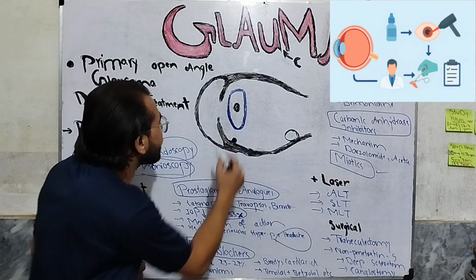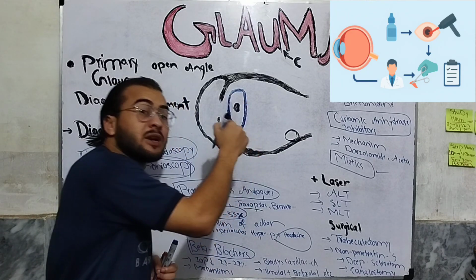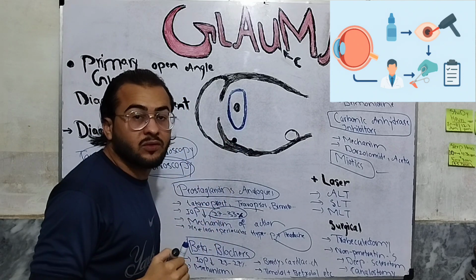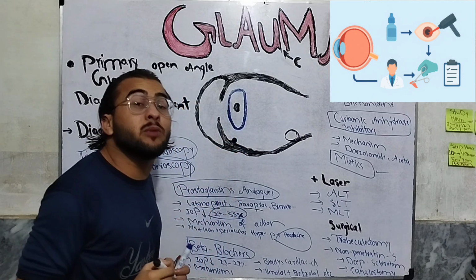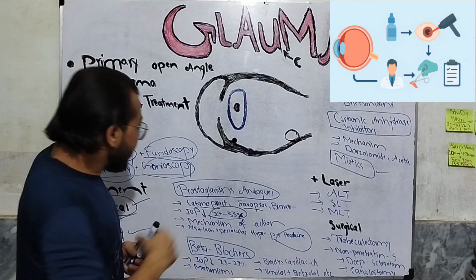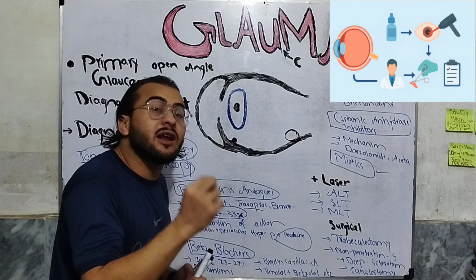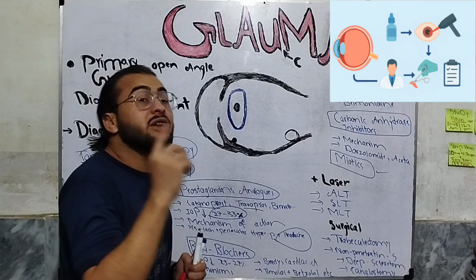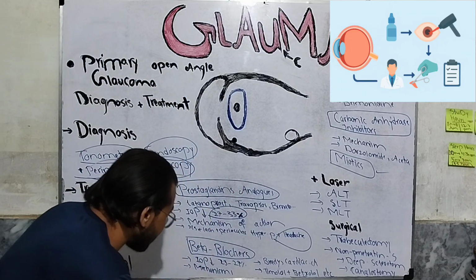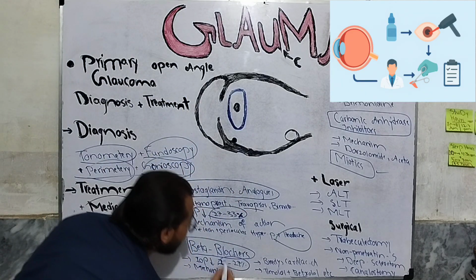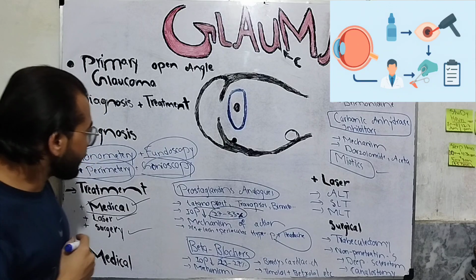So beta blockers block these beta receptors and inhibit aqueous humor production. Like the prostaglandins, they reduce the intraocular pressure, by 23 to 27%, near to the prostaglandins.